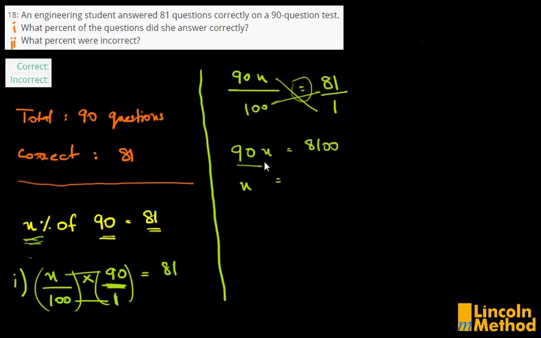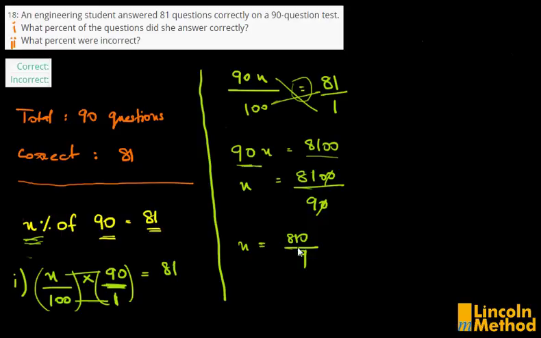Now remember that since 90 and x are being multiplied, when I shift one of these to this side, the 90 right here is going to be divided by 8100. So 8100 divided by 90. Let's cancel out the zeros first, and we are left with x equals 810 over 9.